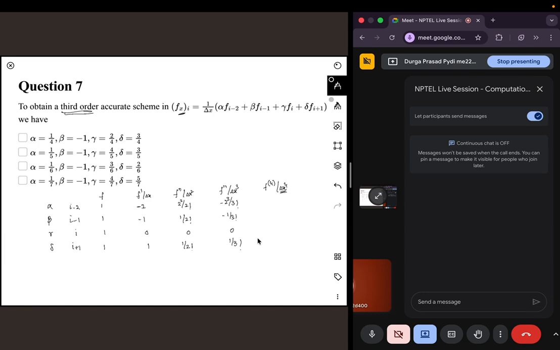So when I write my equations, for f it will be this, for f prime this will be equal to 1, for f double prime this will be 0, and for f triple prime this will be 0.